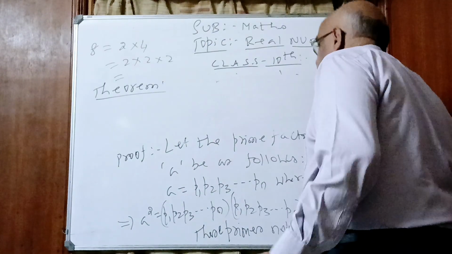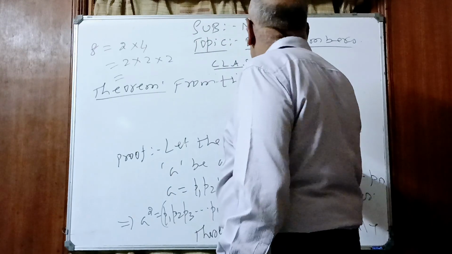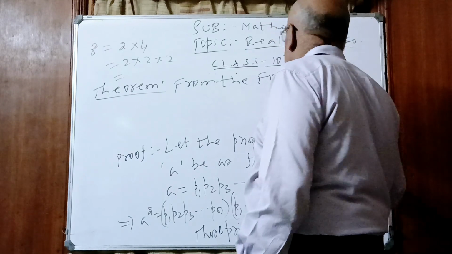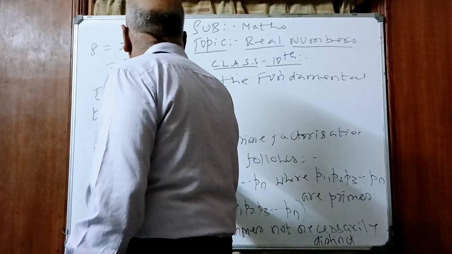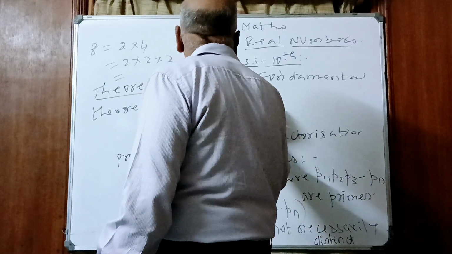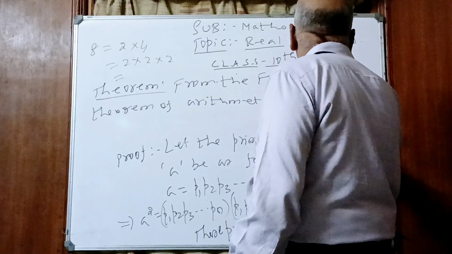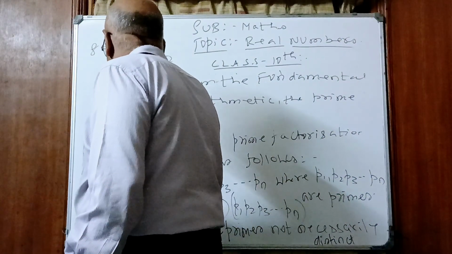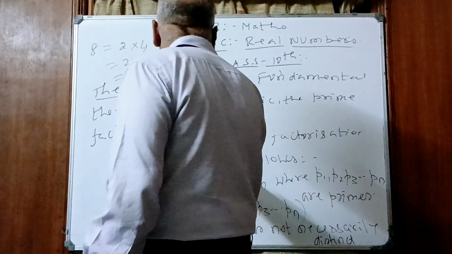So now come to the theorem. From the fundamental theorem of arithmetic, the prime factorization is unique.